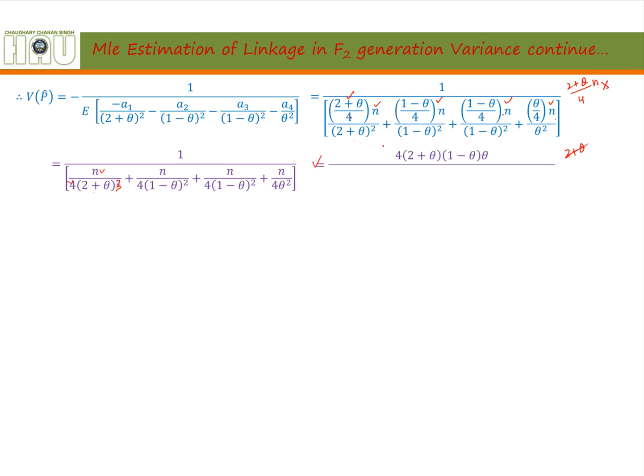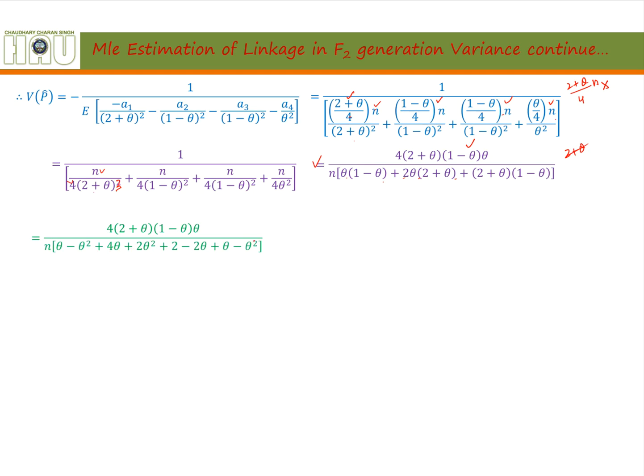Then on simplifying it, if I take the product of all these four, this goes in the numerator, and in the denominator you will get n times theta into 1 minus theta plus 2 into, this is simplification, everybody can do it. And finally, it is like this.